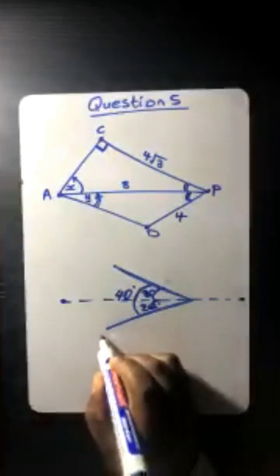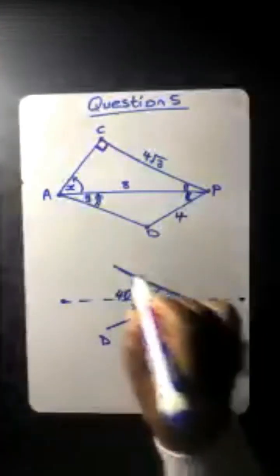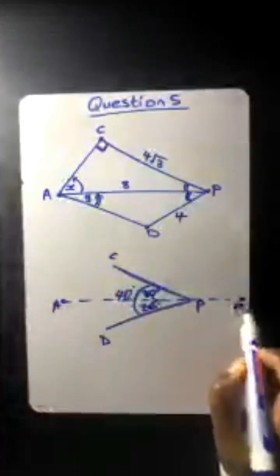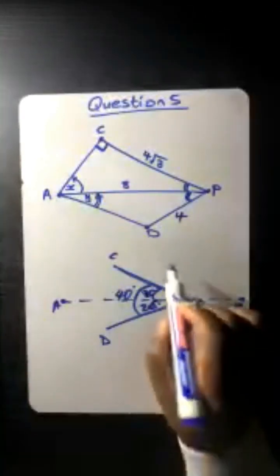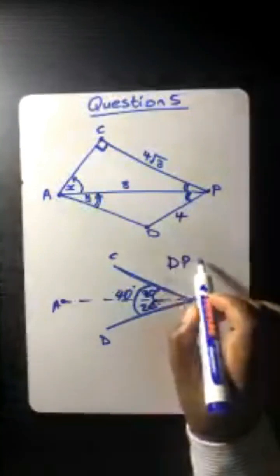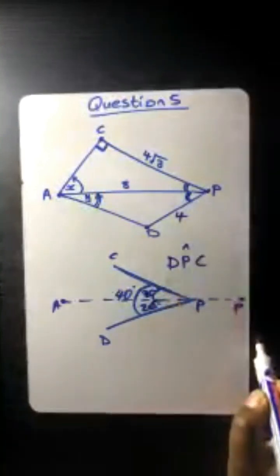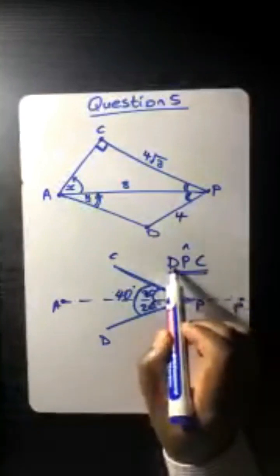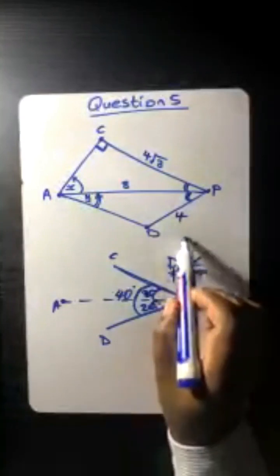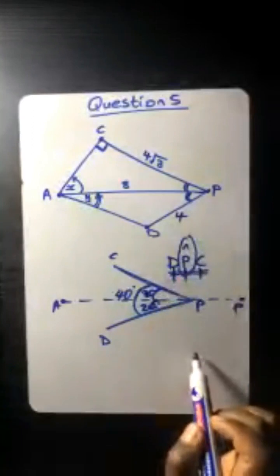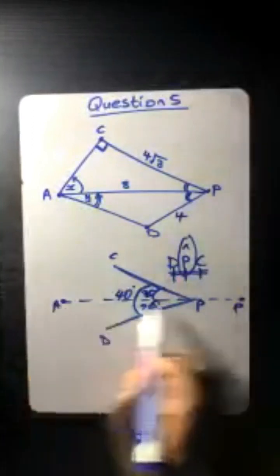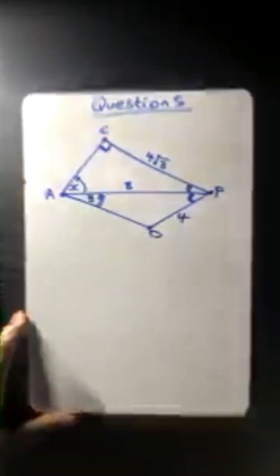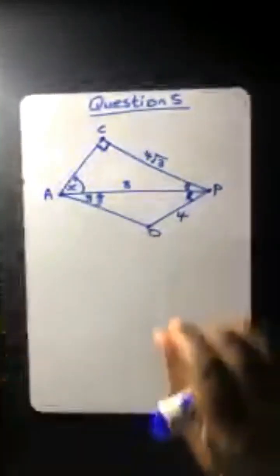So it's written in this way. This is D, this is P, this is C. So they're saying this line AP bisects DPC. So this means in triangle DCP, angle P is the one which is being bisected by that line. Very, very much important, ladies and gentlemen. So now let's continue.